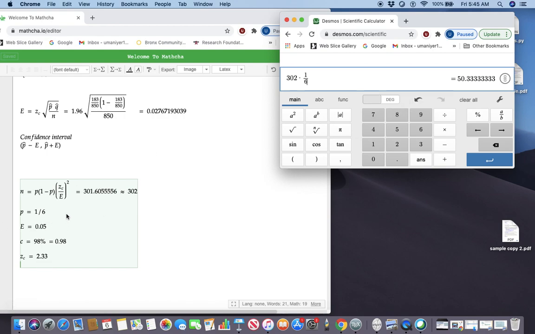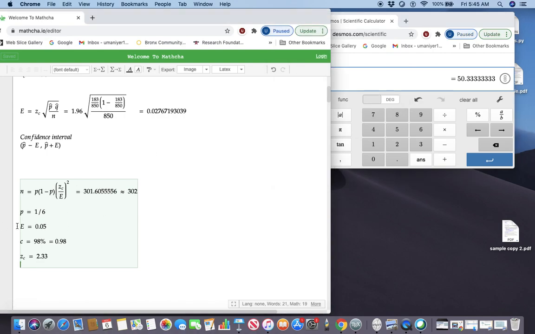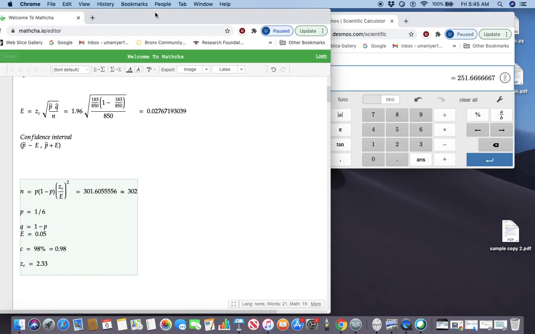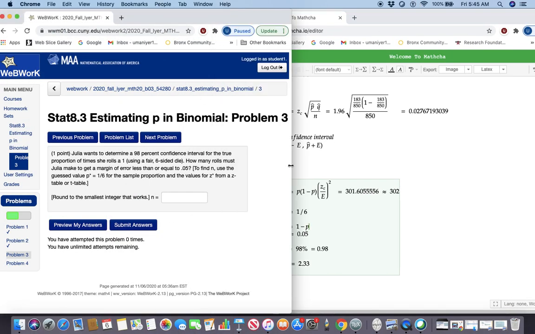Remember q is 1 minus p. So instead of p, I will now have 1 minus p. That's also greater than 5. So this n is good enough. So that's 302.